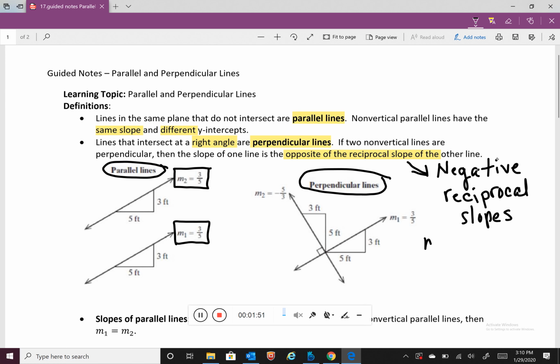The slope of our first line is 3 divided by 5, and the slope for our second line is the negative reciprocal. The first line has a positive slope, so the negative of a positive is a negative. And the slope of the first line is 3/5, so the reciprocal of that is 5/3.